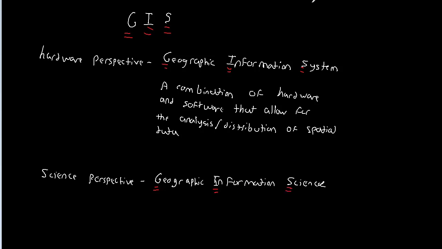Now, in all fairness, there has been a push, especially recently, for a distinction between GIS, the system, and GIS, the science, with a lot of people saying if they're talking about the science, what they do is GIS, and then they'll put a little CI for GI science.